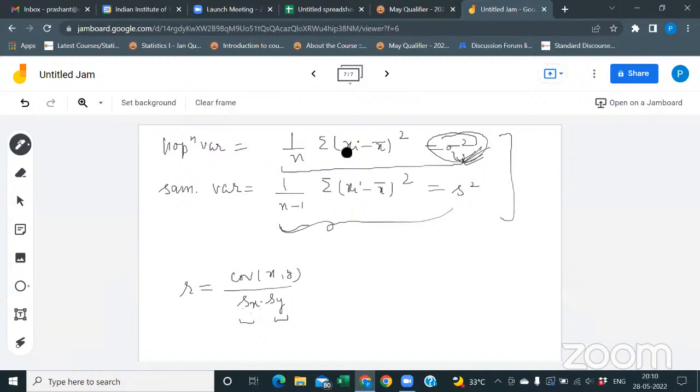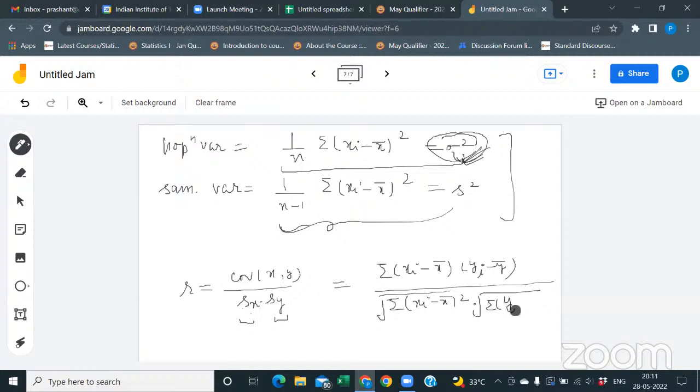You know this formula: summation (xi minus x bar)(yi minus y bar) divided by the square root of summation (xi minus x bar) square and the square root of summation (yi minus y bar) square. Do you remember this equation? Yes, sir.